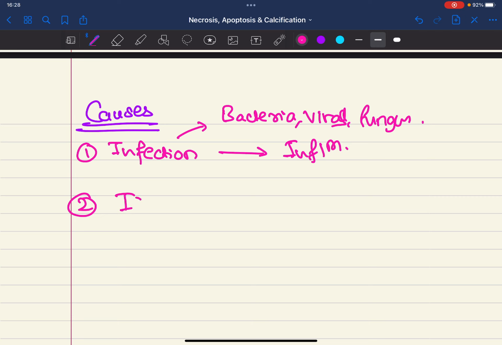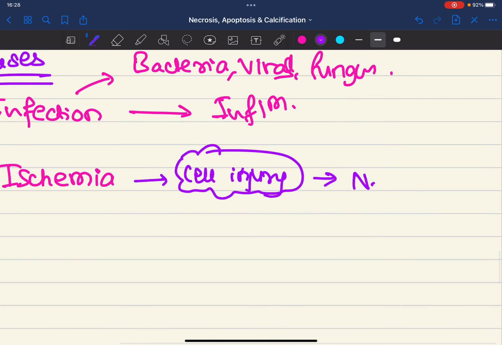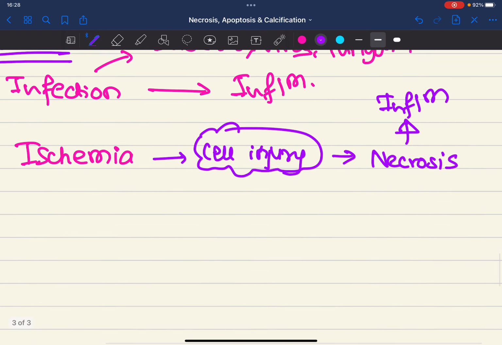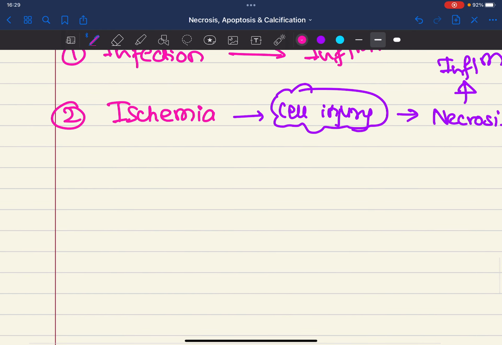Second one is ischemia. Ischemia can cause inflammation. How? Very simple. Ischemia can cause cell injury. You agree with me? We have already talked about cell injury. If it is irreversible cell injury, it may cause necrosis, obviously. Then it may cause inflammation. Another cause of inflammation is physical agents.